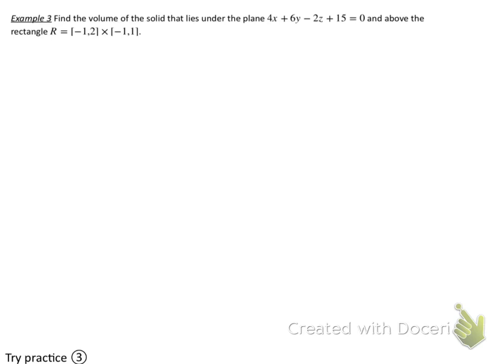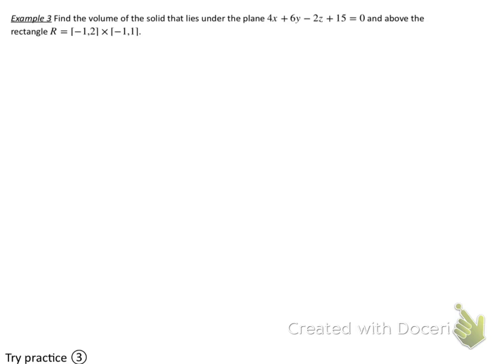So if we have this plane 4x plus 6y minus 2z plus 15 equals 0, we want to find the volume under the plane but above the rectangle, of course in the xy-plane.